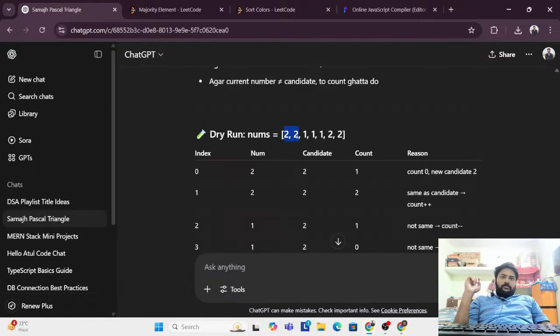How many times is 2 there? 4 times. How many times is 3 there? 3 times. So if you do 4 minus 3, it becomes 1, which automatically shows that 2 is the majority element.